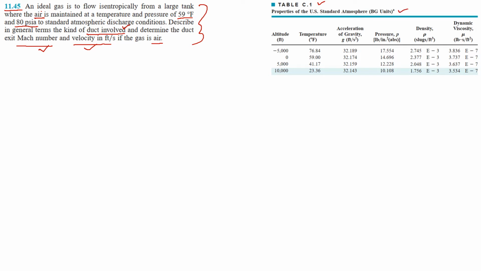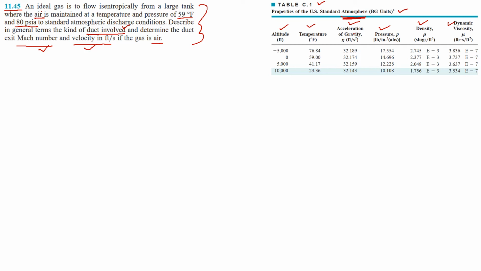For different altitudes, you can find the temperature, pressure, density, dynamic viscosity and acceleration due to gravity. We will use this table to see what our atmospheric pressure is.